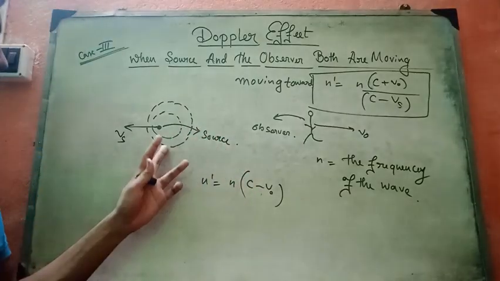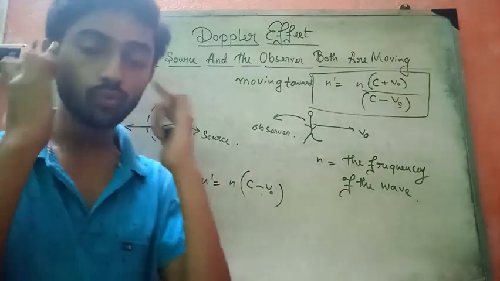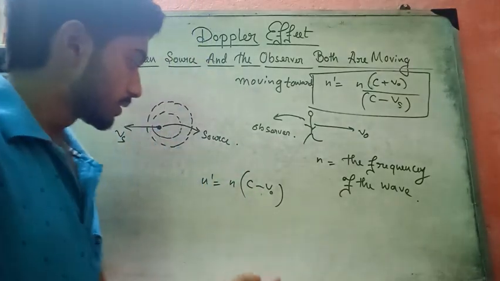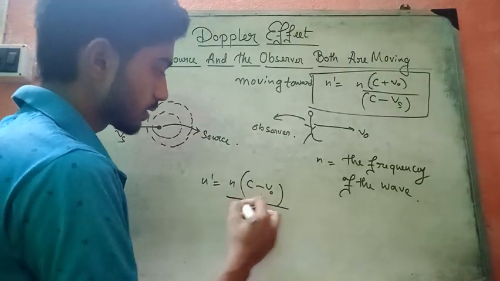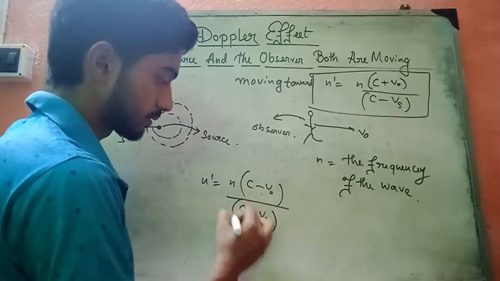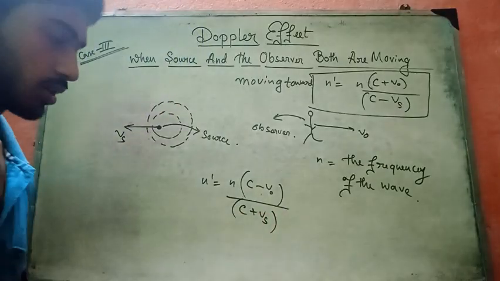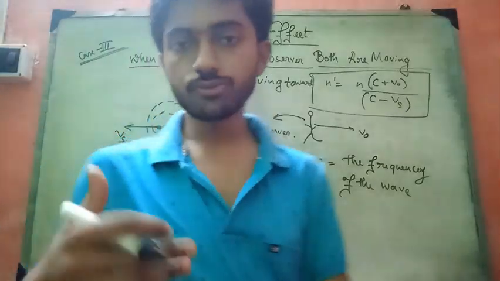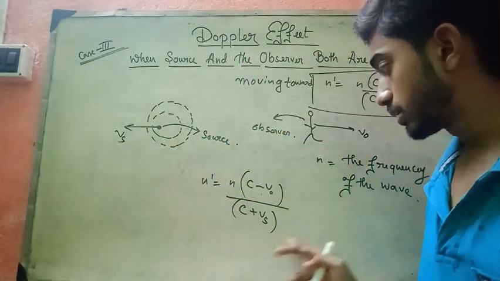So as the observer and the source are moving opposite to each other, the frequency change is like this.